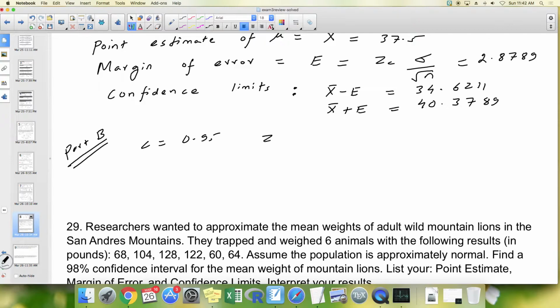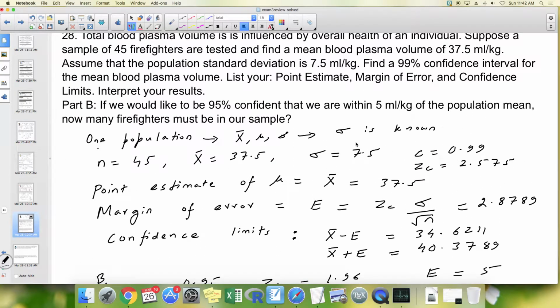That means ZC is 1.96, and they want E to be 5. And we know sigma is already given to us as 7.5.